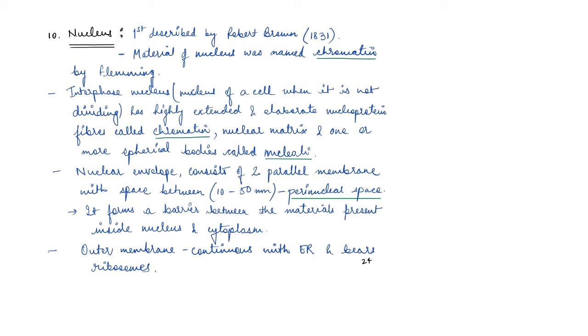by Fleming. Now, the interphase nucleus, that is when the nucleus is not dividing, right? So in the cell, when the nucleus is not dividing, it is known as interphase nucleus. The interphase nucleus has highly extended and elaborate nucleoprotein fibers, and these fibers are known as chromatin.